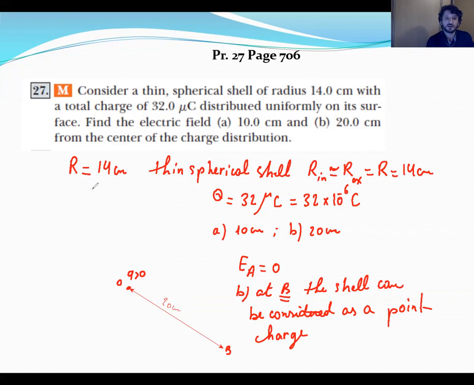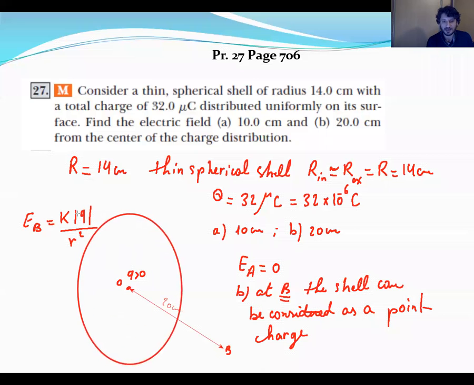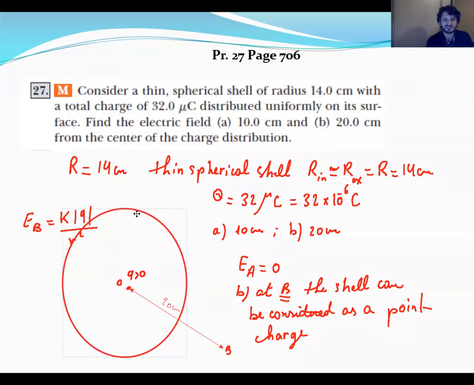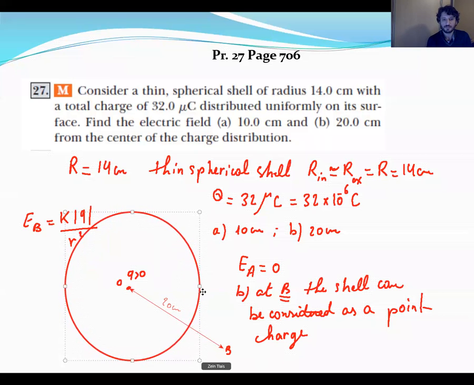So we can say E at the point B equals K Q divided by the distance between the center of the shell and the point. Don't forget, here we have a shell. Just this shell can be considered as a point charge. The same result. Okay? So equals K, you know that K equals 8.99 times 10 power 9, times 32 times 10 minus 6, divided by the distance squared.